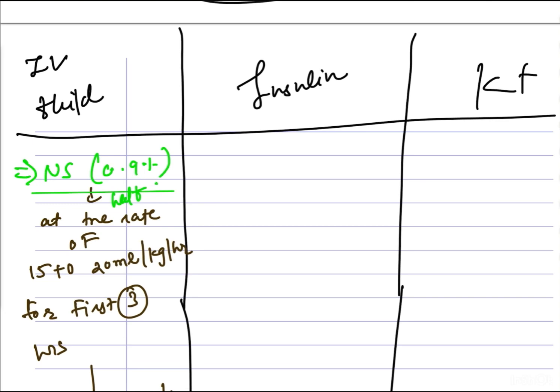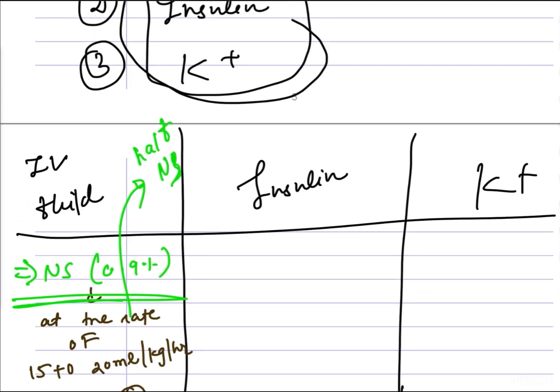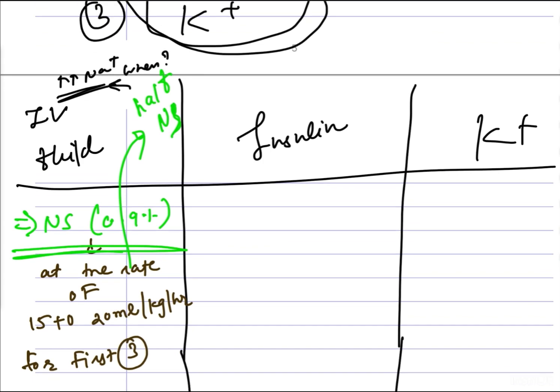We do this step, half NS, when we have a high amount of sodium. Okay, so this is the normal IV fluid.